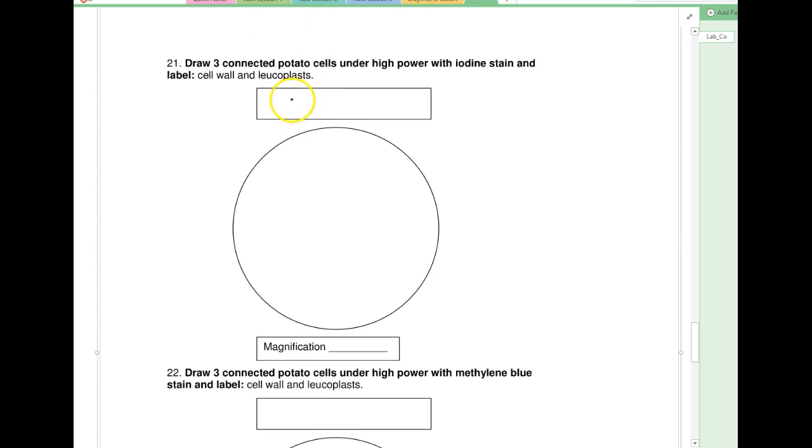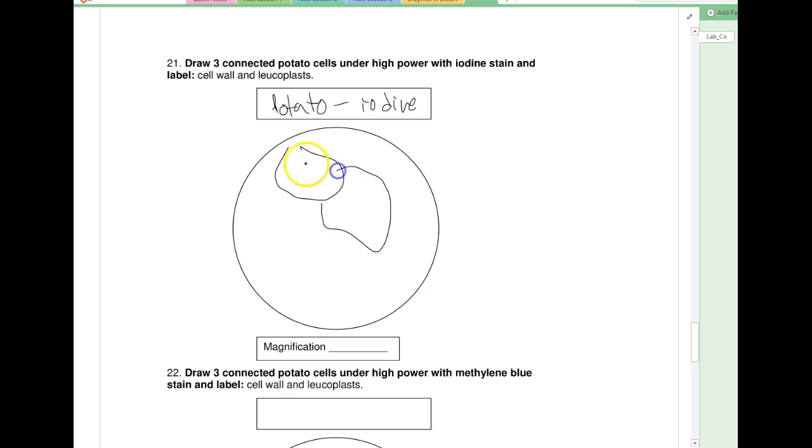So, with iodine, you got your potato. You had a couple, and then they had these really dark leucoplasts inside of them, correct? Okay, and so your cell wall was right there.